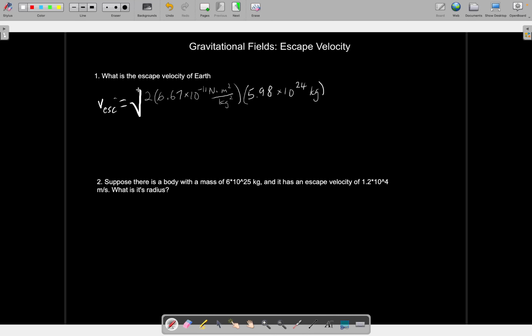That's very massive. And this is all going to be divided by the radius of Earth, which is 6.38 times 10 to the 6 meters.